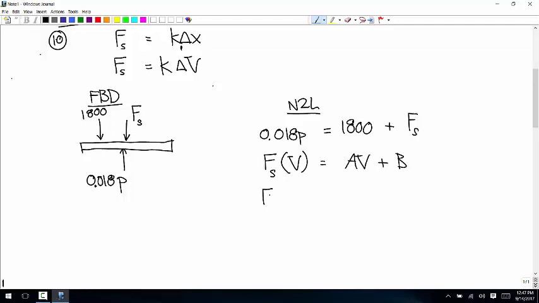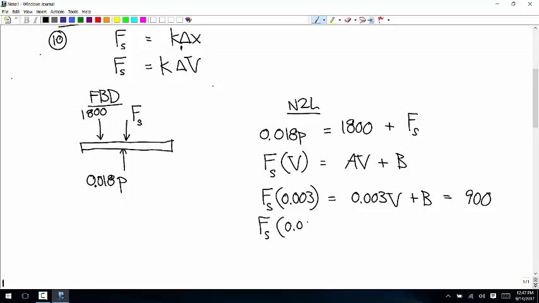And so the force of the spring at a volume of 0.003 is 0.003 V plus B, and that equals 900. And the force applied by the spring at 0.002 is 0.002 times V plus B, and that's 0.